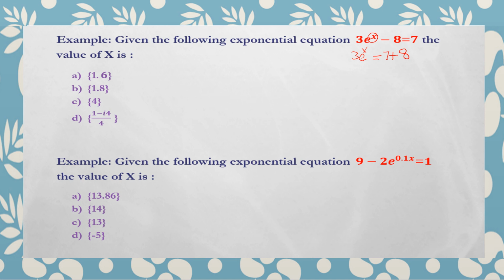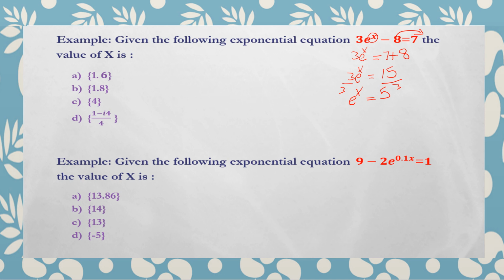We take 8 to the right hand side with a different sign, so 3 times e power x equals 15, and we can divide over 3 to simplify, so e power x equals 5. By dividing over 3 for both sides, we get e power x equals 5.